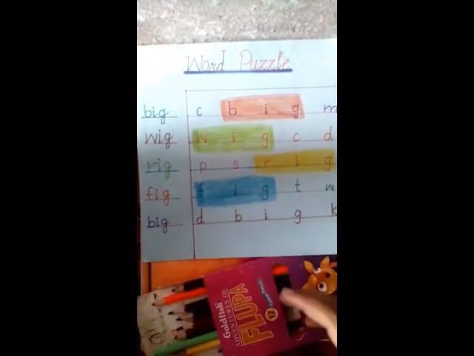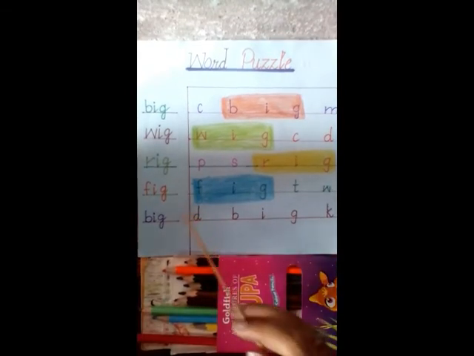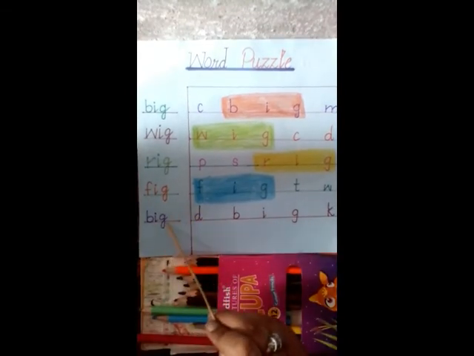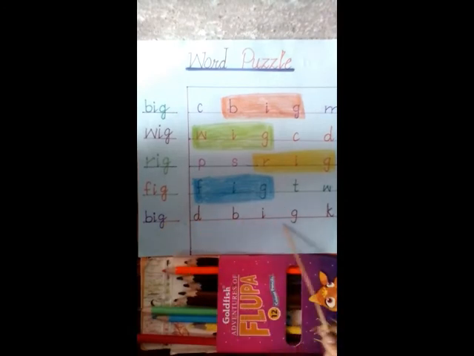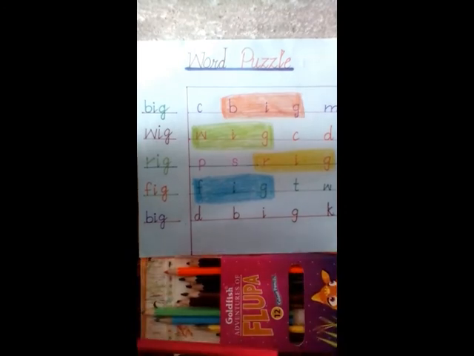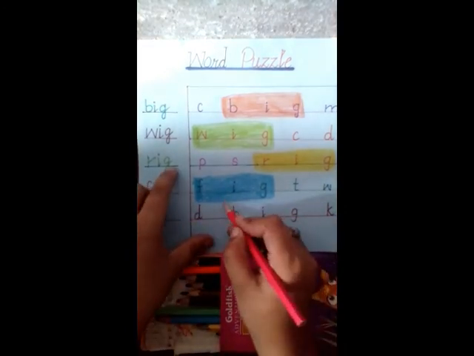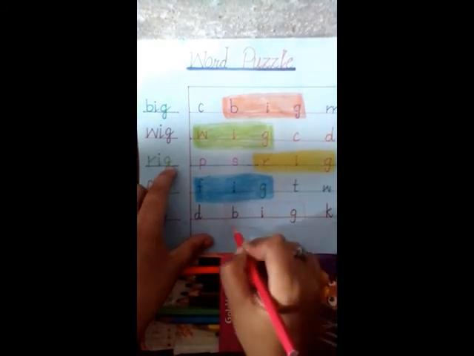Okay, done. And the last word is big. Big. Let's find it. This one is big. Take out your pink color and color the word big.